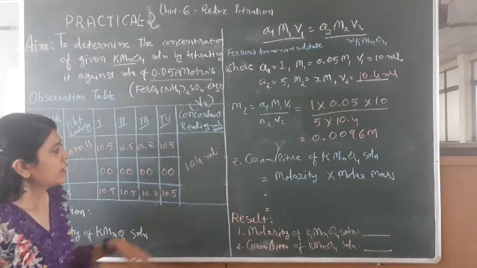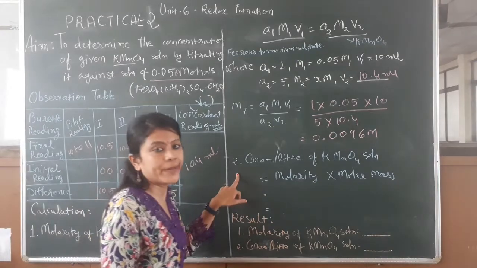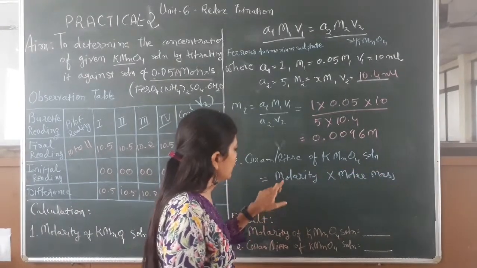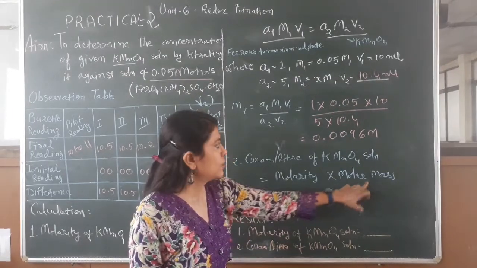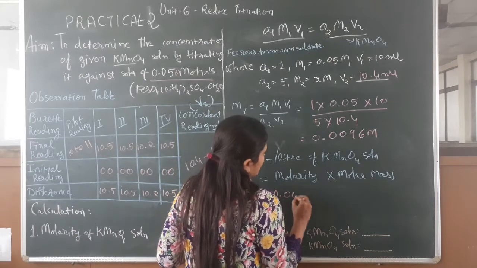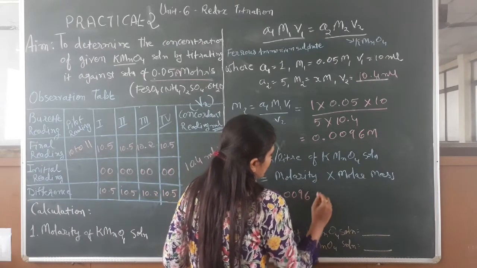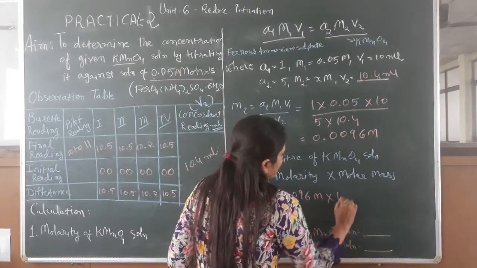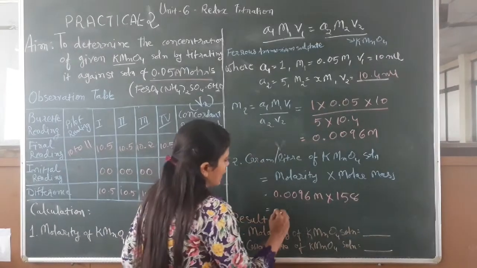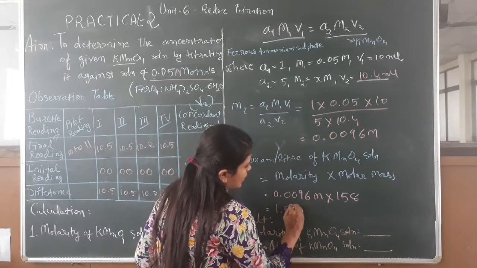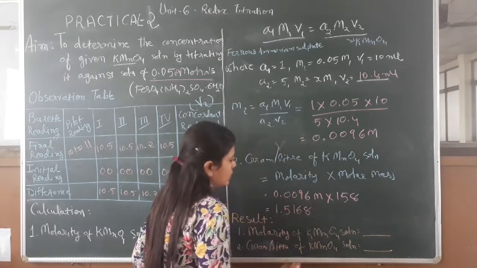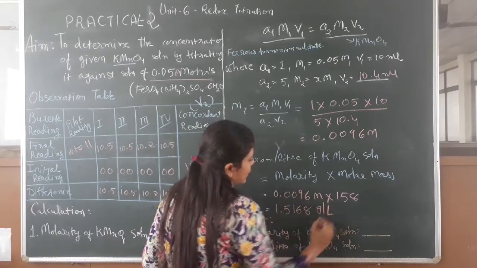Then the second calculation, for gram per liter of KMnO4 solution: molarity into molar mass. Molarity is 0.0096 molar into 158. Now calculate this. After calculating, our last answer is 1.5168 gram per liter.